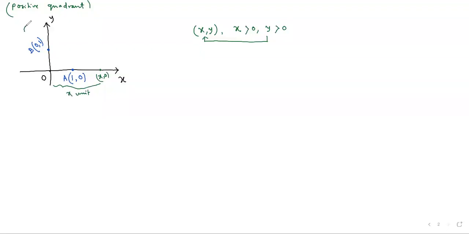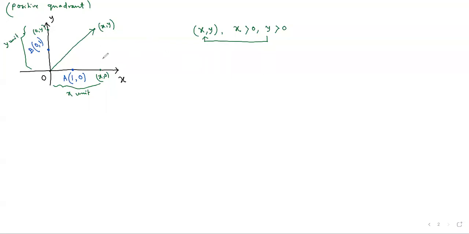Similarly, at some y point over here, whose coordinate is (0, y), this point exists. We identify those points and somewhere here put the point, and we also write its coordinate. And if it is a vector, then we can join a straight line like this and put an arrow mark. So (x, y) is a point on the positive quadrant of the two-dimensional plane.